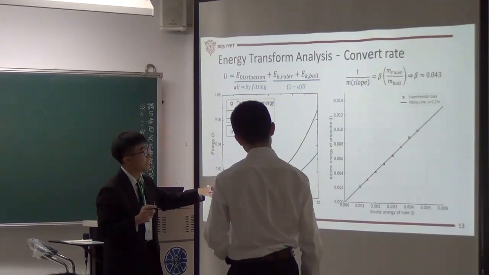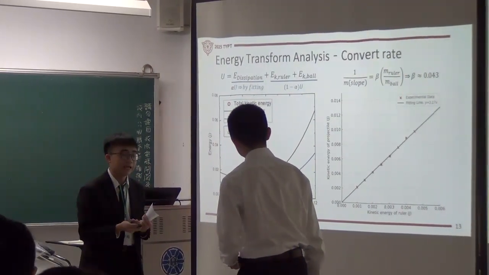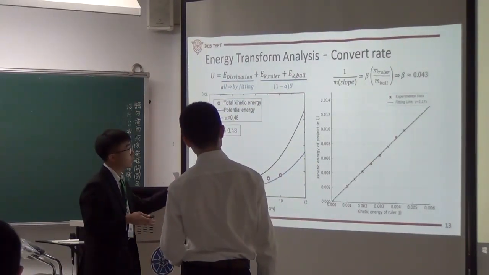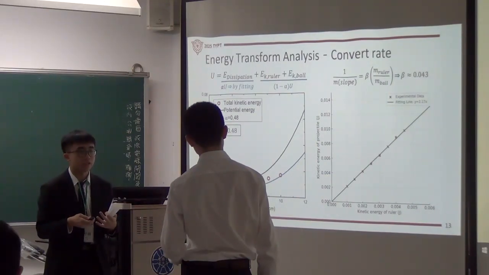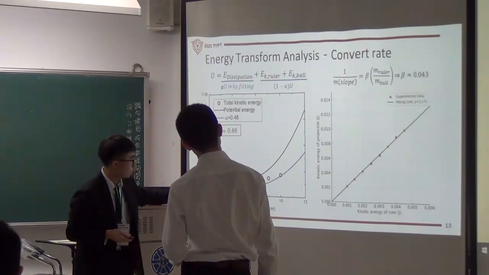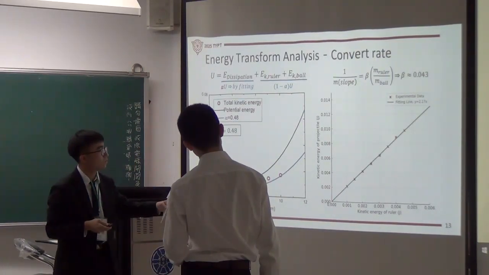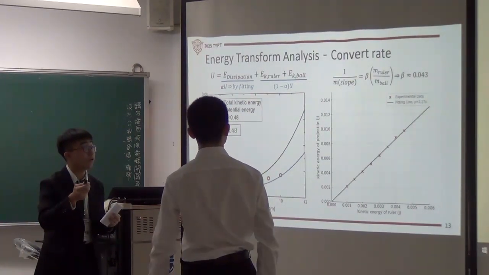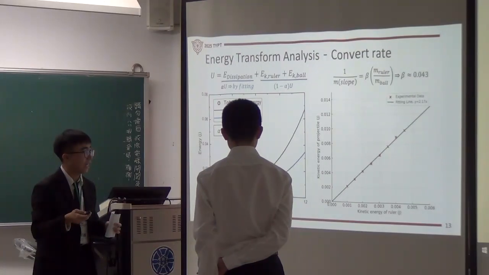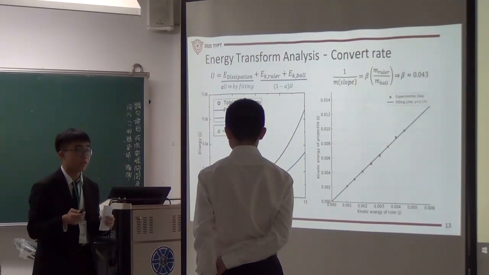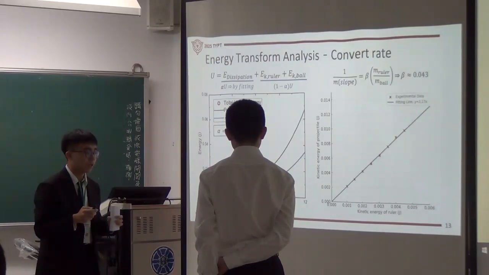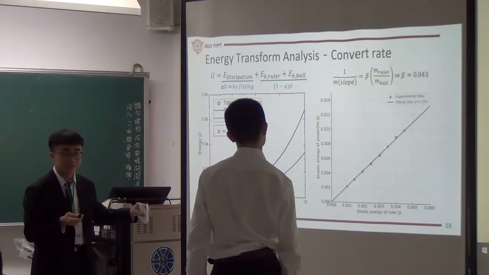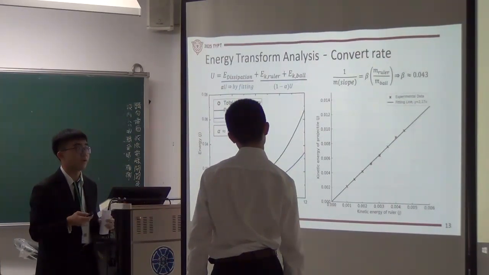And the total kinetic energy includes both the kinetic energy of the ball and the rebound velocity of the rulers. So in this condition, we can know how much potential energy transforms into the total kinetic energy. Based on this, the blue line indicates that alpha will roughly equal 0.48. So to answer the opponent's question, it will remain the same. However, the alpha can be explained under the boundary condition we have previously mentioned.